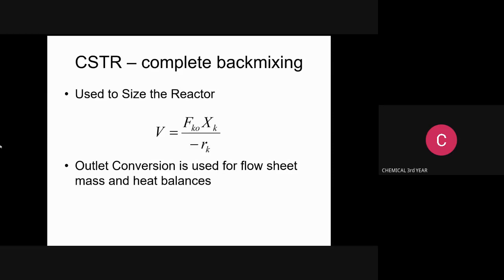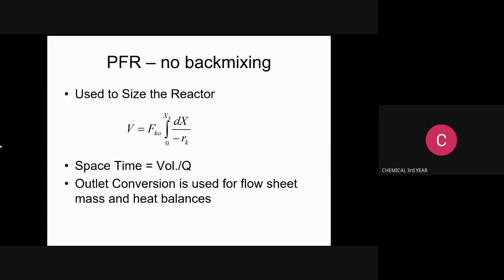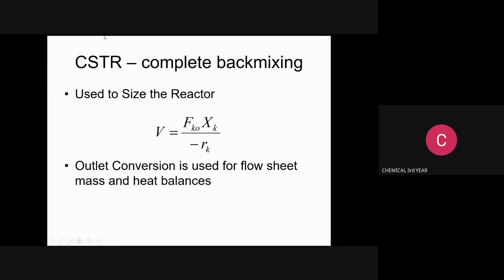Simply we can understand by seeing the slides. There is a formula change. We have no back mixing, so see the V formula, and in the CSTR, complete back mixing. For V, see the formula.